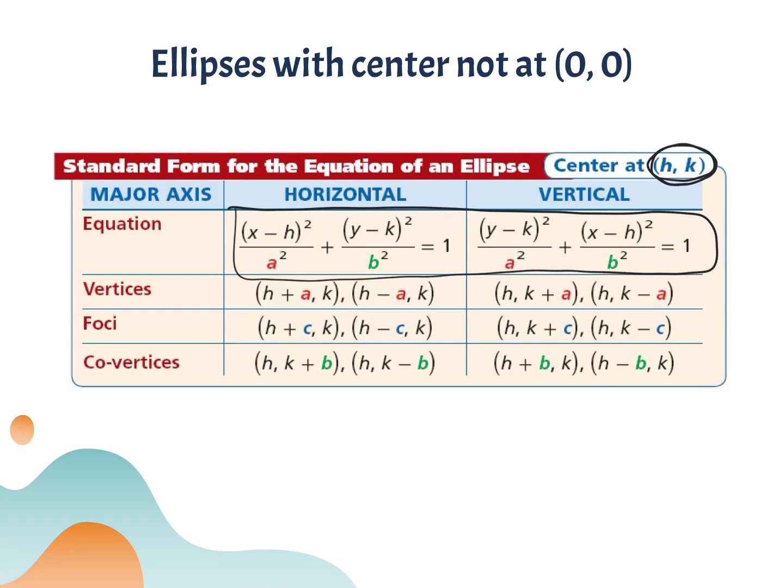So you use the opposite of the sign that you see on the inside to find your center. But otherwise, the information in the rest of the table below, in those 3 rows, you can figure out just by using your a, b, and c values from your center going up and down, left and right, that appropriate amount, right? Otherwise, it's still going to be an a squared and a b squared on the bottom, and it should still equal 1. So all of that stuff should still be the same.